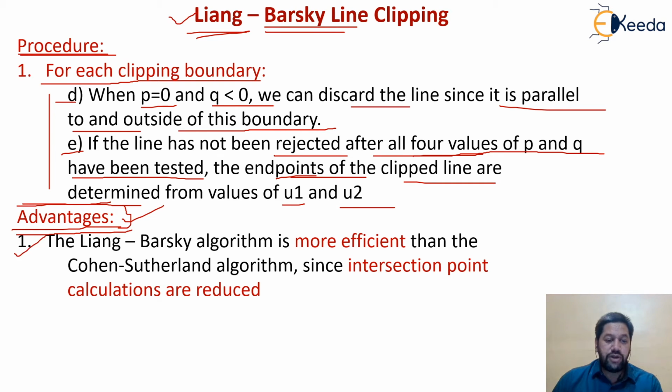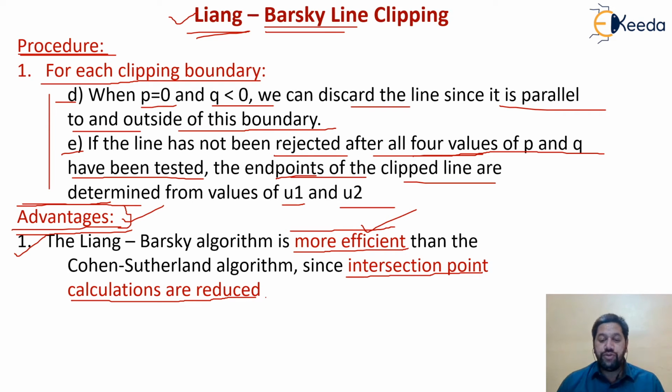The first advantage is that the Liang-Barsky algorithm is more efficient. Underline this word. This algorithm is more efficient than the Cohen-Sutherland line clipping algorithm. Why is it more efficient? Since the intersection point calculations are reduced.